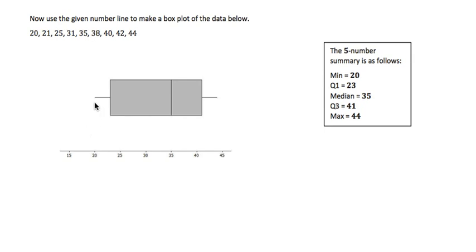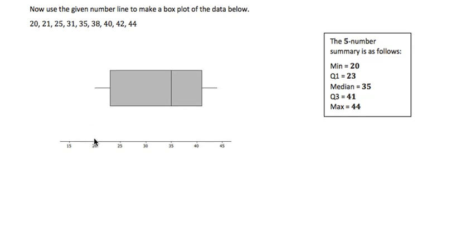So our completed box plot has the low value of 20, the high value of 44, the median of 35, the first quartile of 23, and the third quartile of 41.